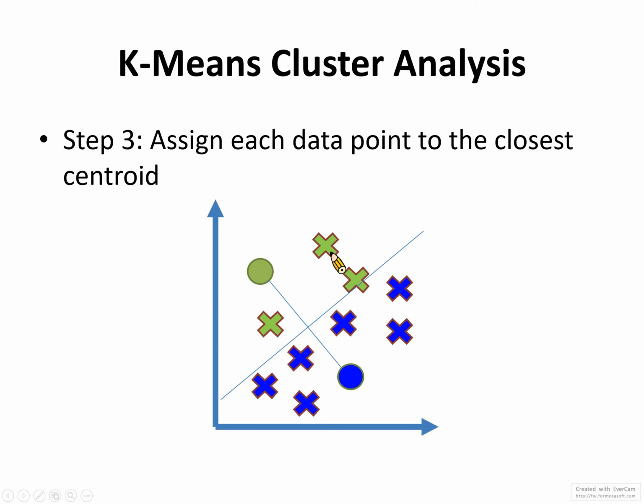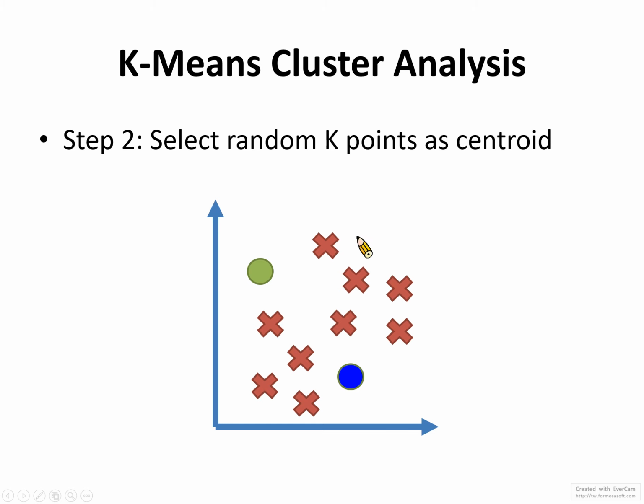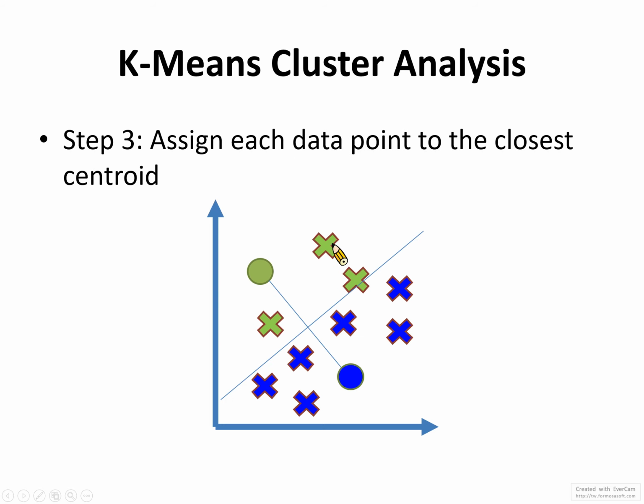So for example, initially we don't know the clusters of this data, but because we define the centroid here, we can assign this data to the green centroid because it is closer to the green centroid than its distance to the blue centroid. And likewise, if you look at this data point, it is closer to the blue centroid rather than the green centroid.